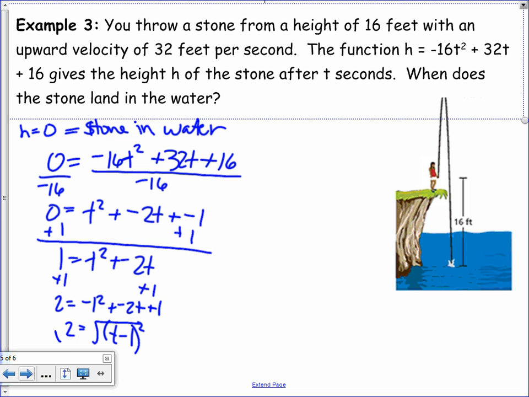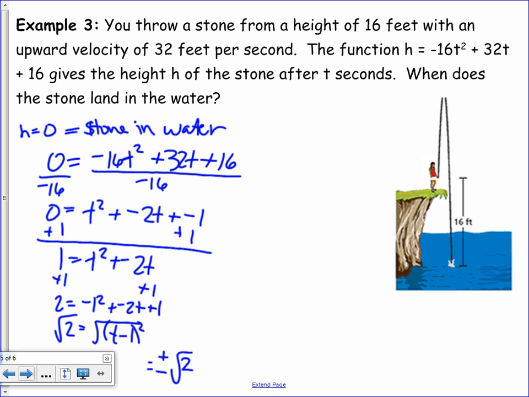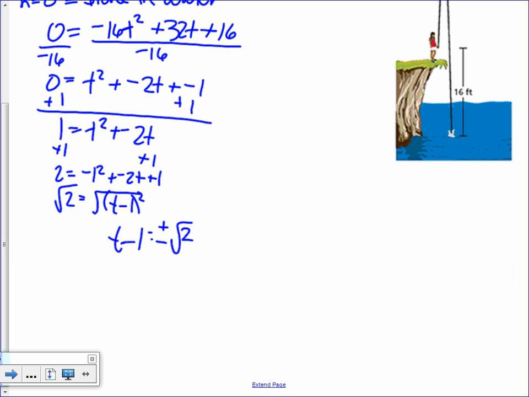Take the square root, so, or sorry, not t equals, but rather t minus 1 equals plus or minus the square root of 2. Now if we add 1, we have 1 plus or minus the square root of 2 is what t is.